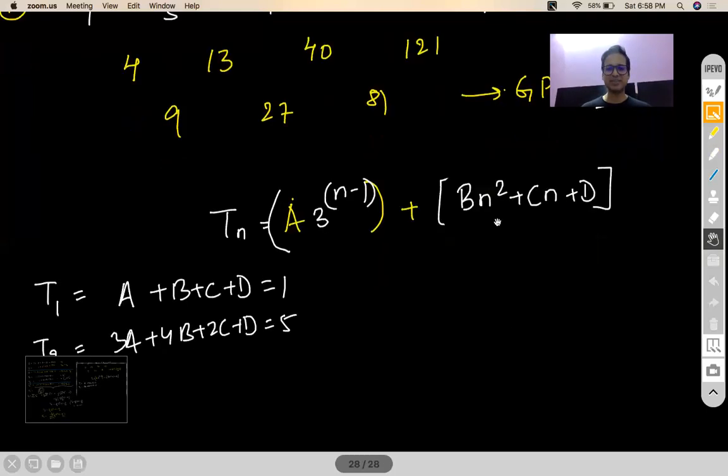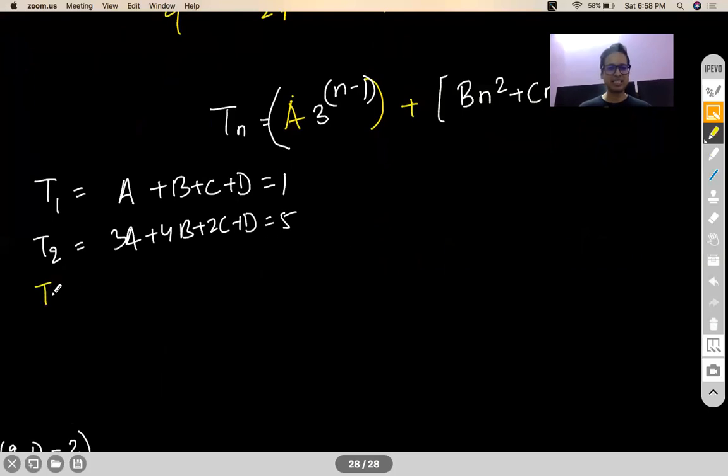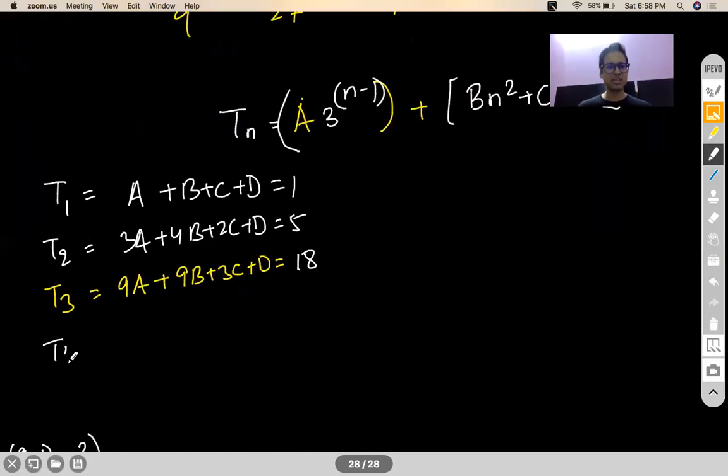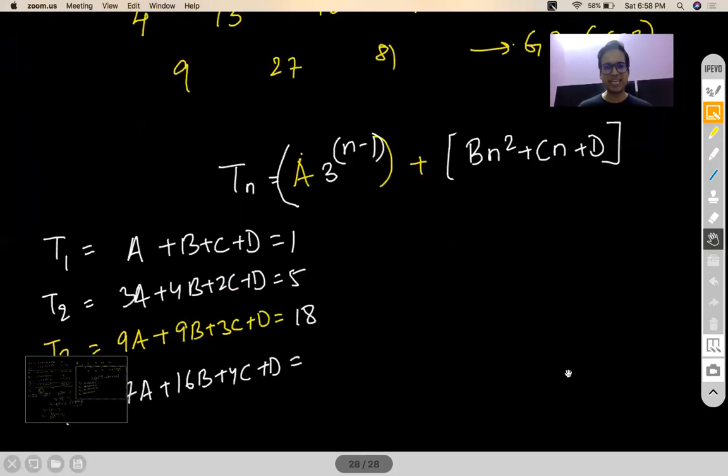Put n as 3, you get 9A plus 9B plus 3C plus D equal to, the next term was, I think, 18. Put n as 4, you end up getting 27A plus 16B plus 4C plus D equal to, the next term was 58.